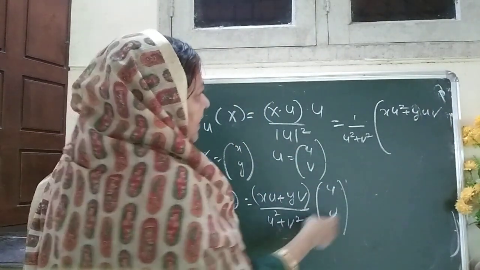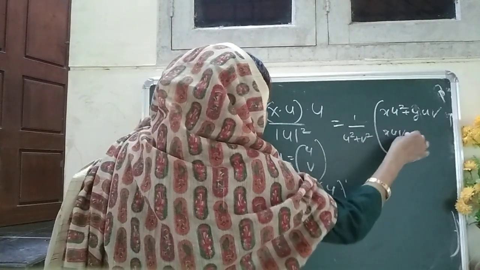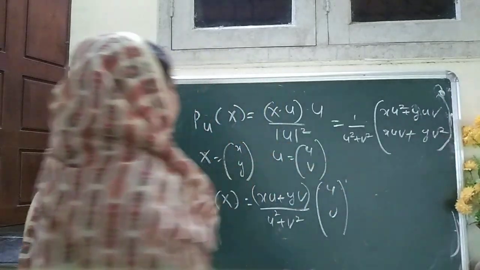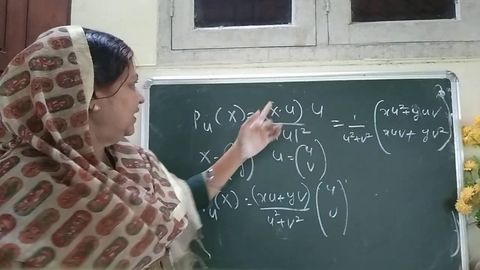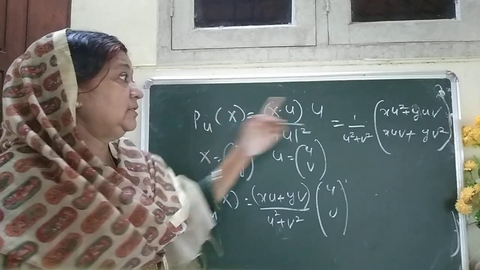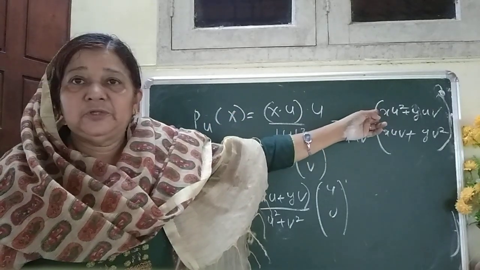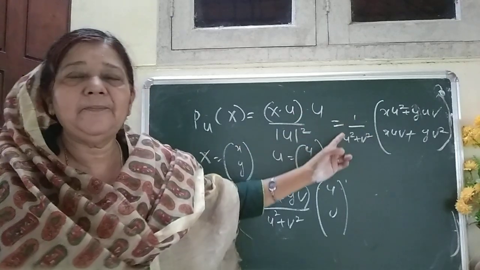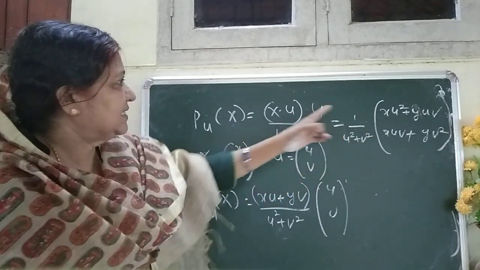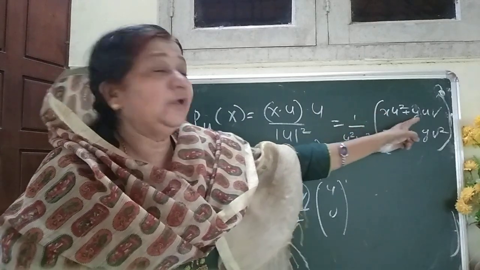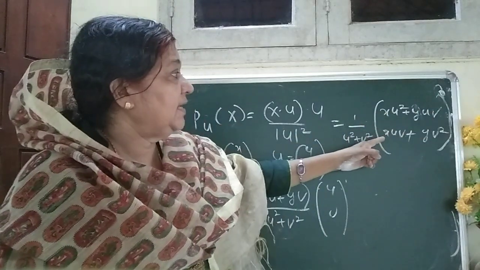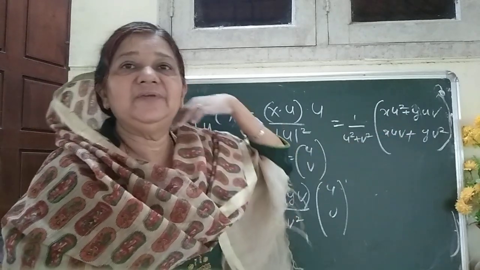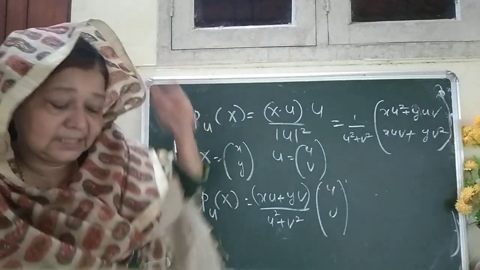The second component is xuv plus yv square. So it is a transformation of this x by means of this projection. By means of this vector u, the projection transformation is 1 by (u square plus v square), with x transferred to x u square plus y uv, and the second coordinate transferred to x uv plus y v square. That is the projection transformation.